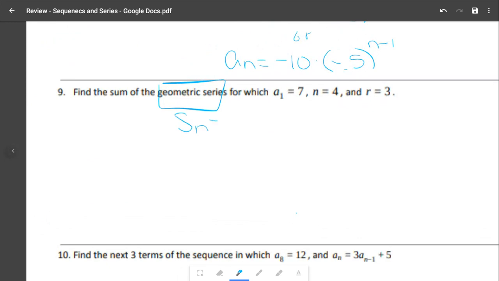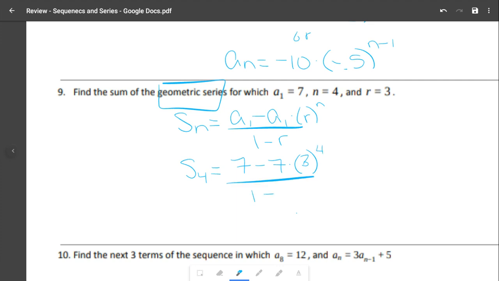So Sn equals A1 minus A1 times R to the n, all over 1 minus R. So plugging in, n is 4, A1 is 7, R is 3. I would plug this all straight into my calculator again.